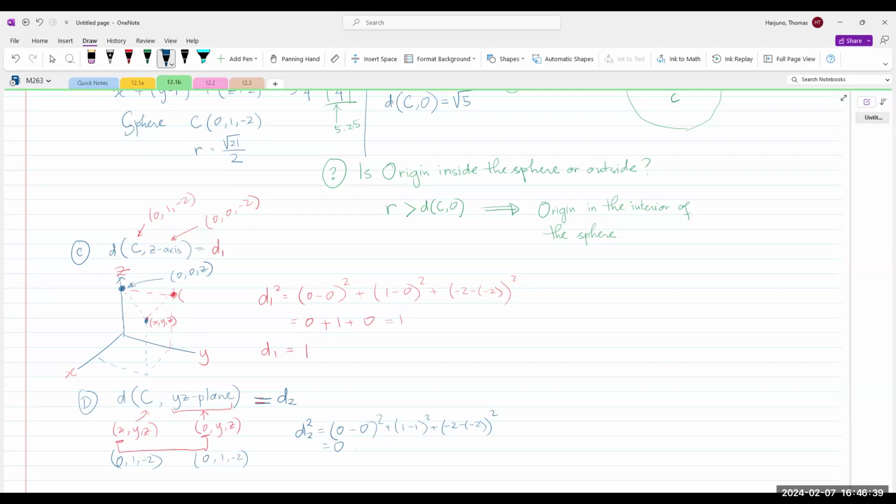You can try this if we want to find the distance from the center of this sphere to, let's say, the xy plane. Let's do it. Part E, what is the distance of this center, the center of this sphere, to the xy plane?